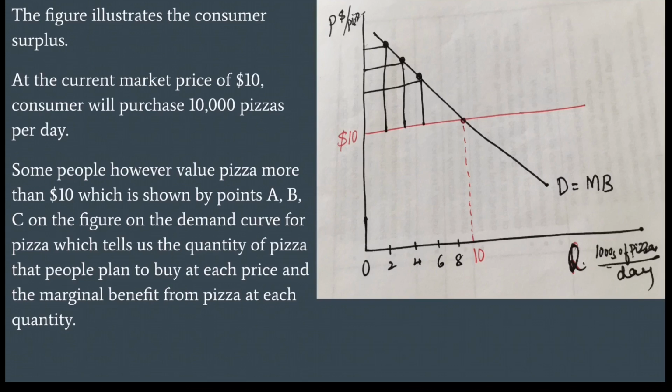The figure illustrates the consumer surplus. At the current market price of $10, the consumer will purchase 10,000 pizzas per day. Some people, however, value pizza more than $10, which is shown by points A, B, C on the demand curve for pizza, which tells us the quantity of pizza that people plan to buy at each price and the marginal benefit from pizza at each quantity.